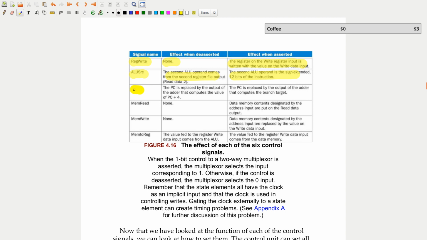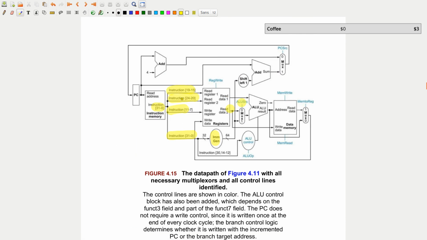If we look at the PC source, if it's deasserted, meaning 0, we're just going to use the next value of the PC, which is PC plus 4. When it is asserted, the program counter value is replaced by the branch target. So PC source up here, if it's 0, we use the simple next program counter value. But if it's 1, we use the target value calculated by this adder.